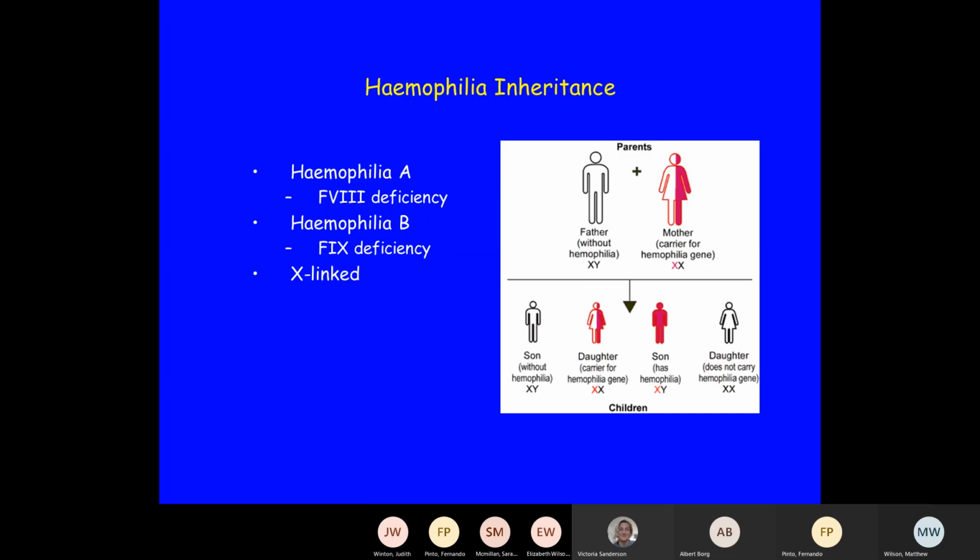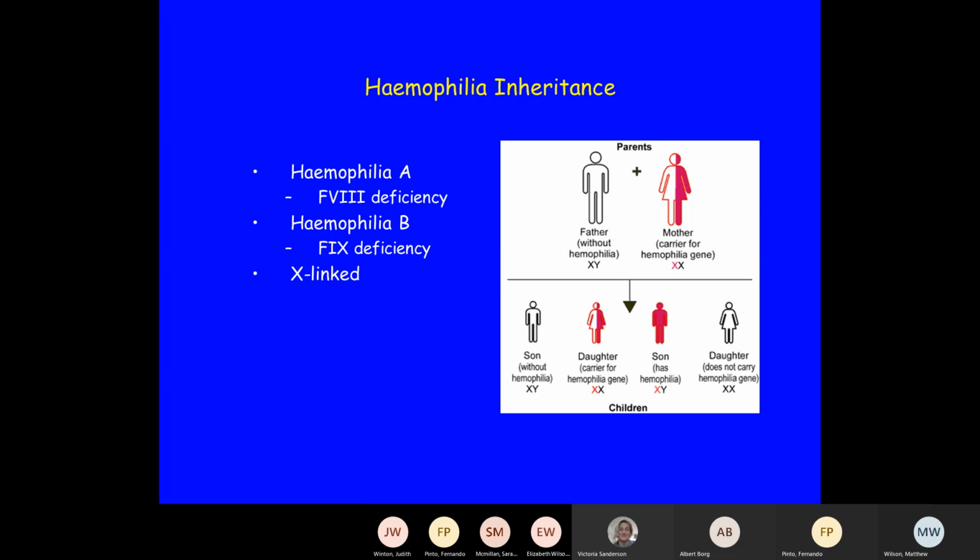So you know the inheritance for hemophilia A and B, they're both X-linked. So if you have a mom who has 2 chromosome X's and one has a mutation, she is a carrier. Because of the lionization of her X chromosomes, she may or may not have low levels of factor 8 or 9, but she can certainly pass the mutation on.